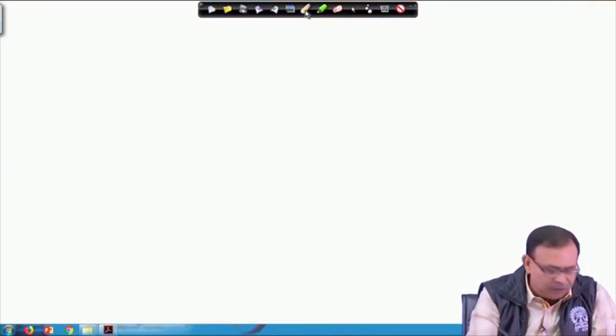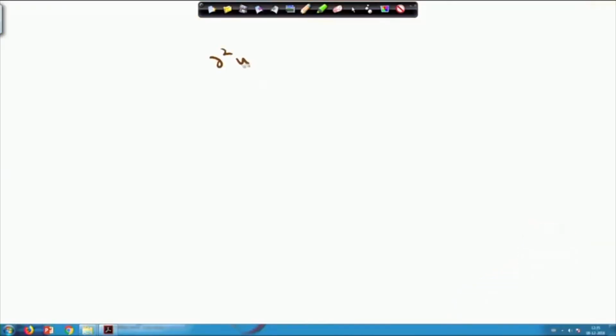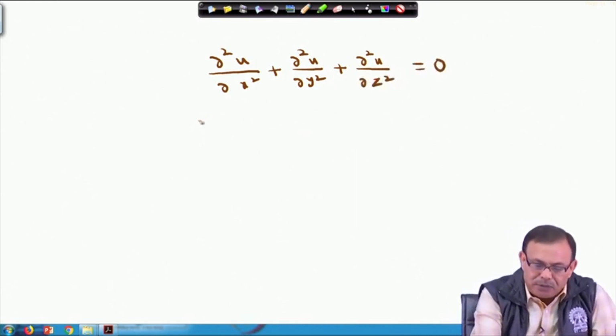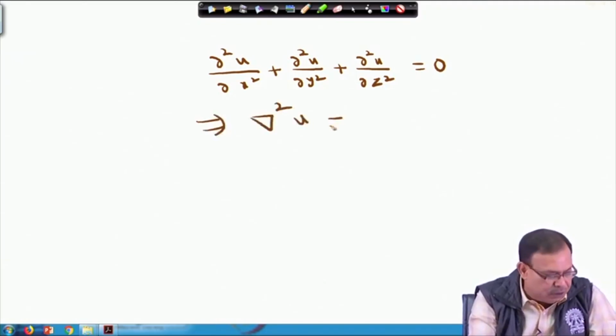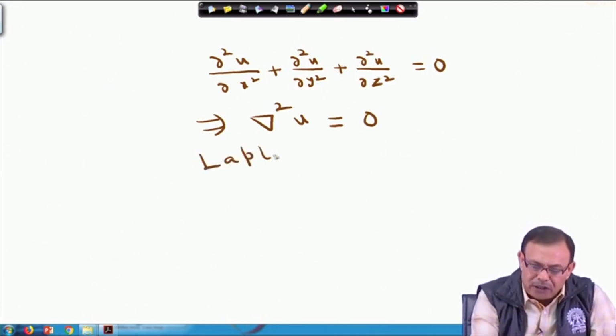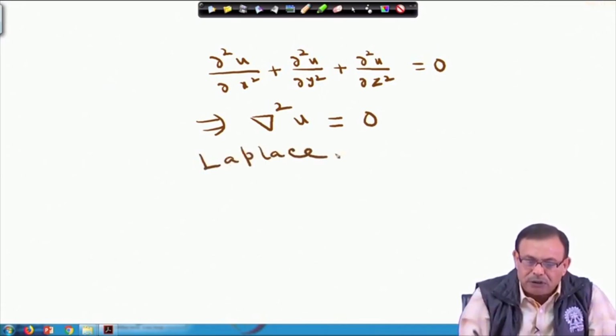Then we say that ∂²u/∂x² + ∂²u/∂y² + ∂²u/∂z² = 0, and this means basically, as I told you, ∇²u = 0. So, this equation we call the Laplace equation.